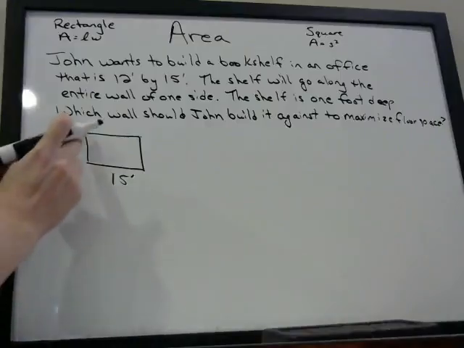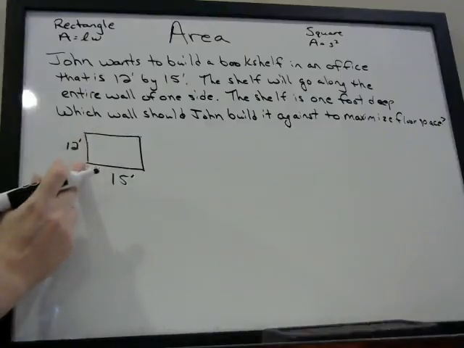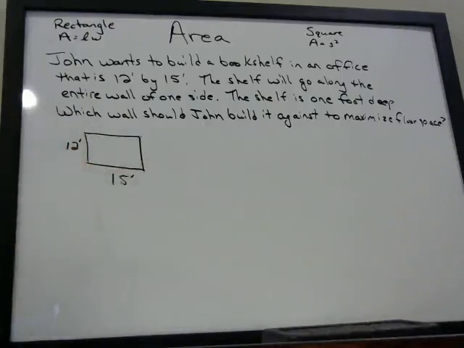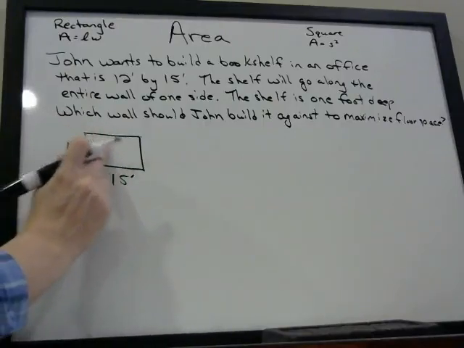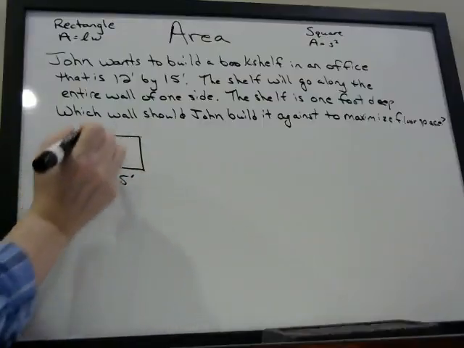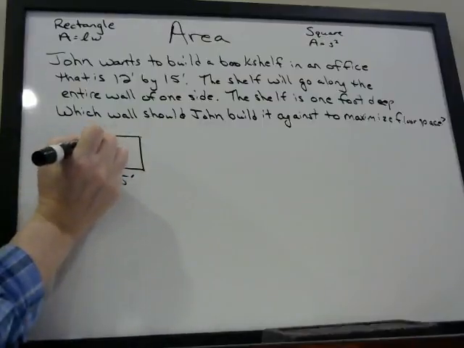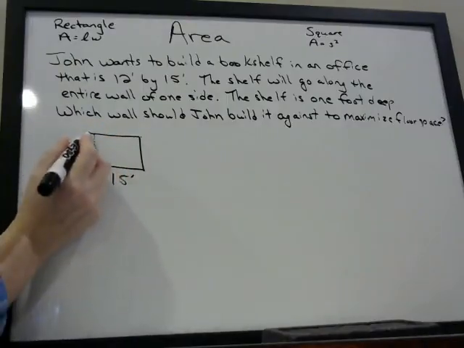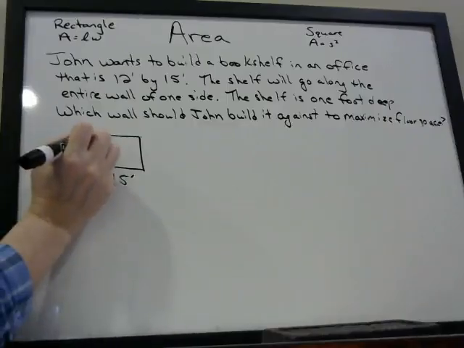So, should he put it against this wall, the shorter wall, or should he put it against the longer wall in order to have the most floor space, so the most space inside? You can think of it, so here, let's say, is the bookshelf, and it's 1 foot deep, so it's going right against the wall, but there's a foot of space here, because it's a foot wide.